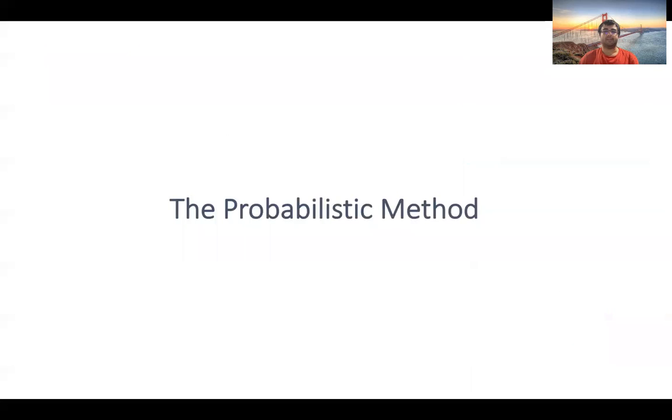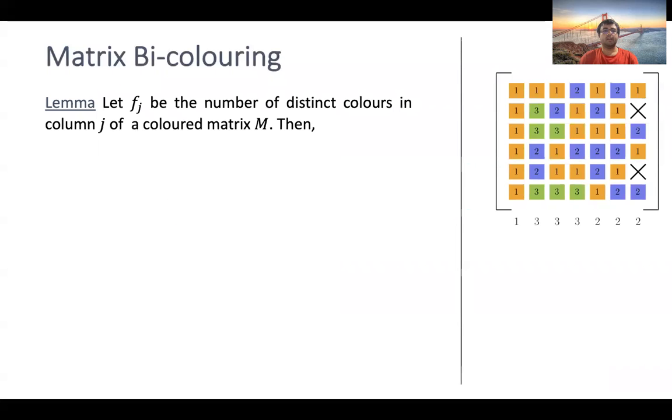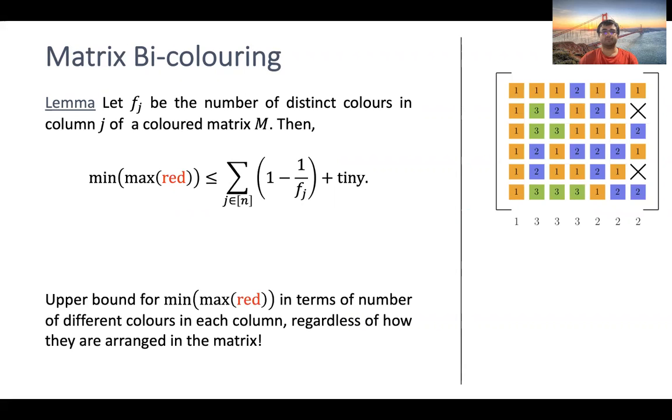We use the probabilistic method. Let Fj denote the number of distinct colors in any column j. We will prove through the probabilistic method that the objective function of this entire matrix bicoloring problem is at most the summation of 1 minus 1 by Fj, plus some tiny amount. The rough intuition is the following.